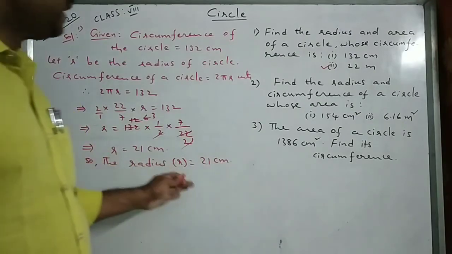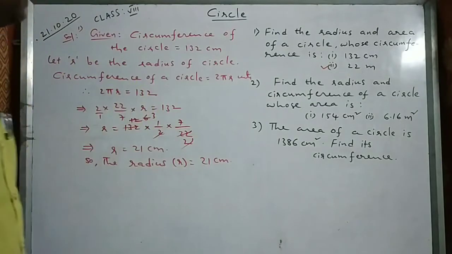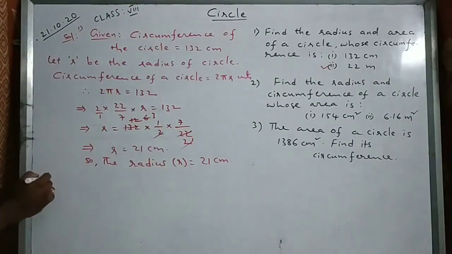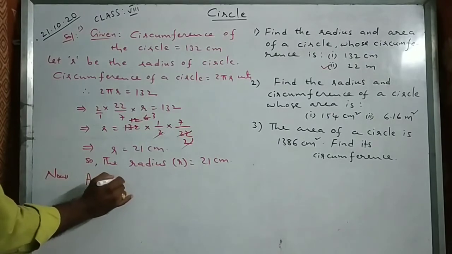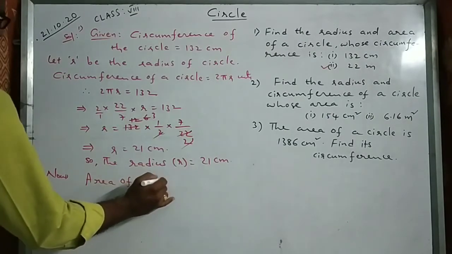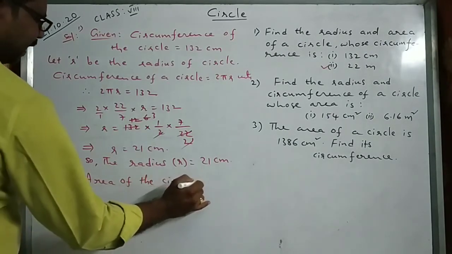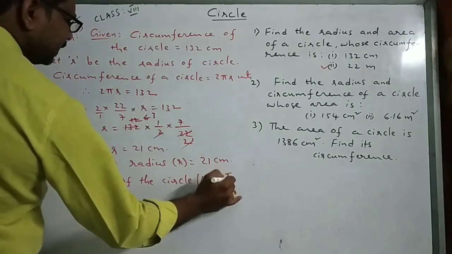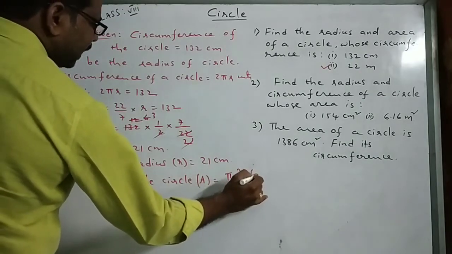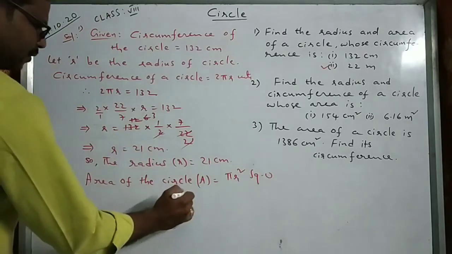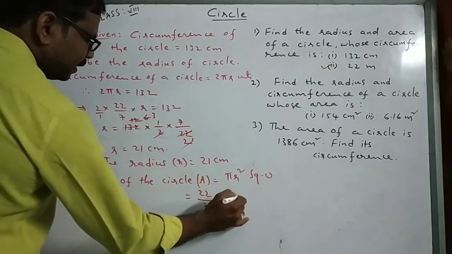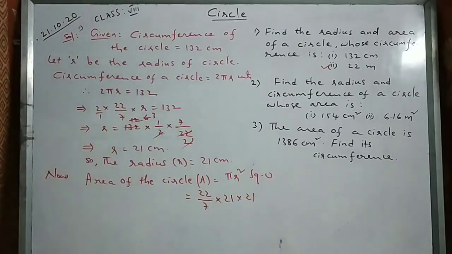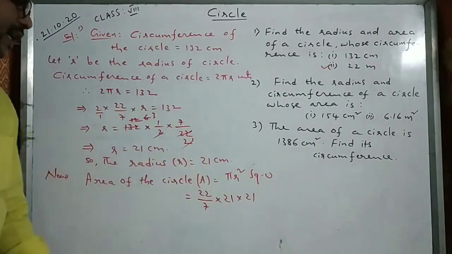If you have radius, we can find the area easily, right? Now the area of the circle. What is the area of circle formula when radius is given? Pi r square square units, right? So pi value 22 by 7 into r square, where we have radius 21 centimeters.